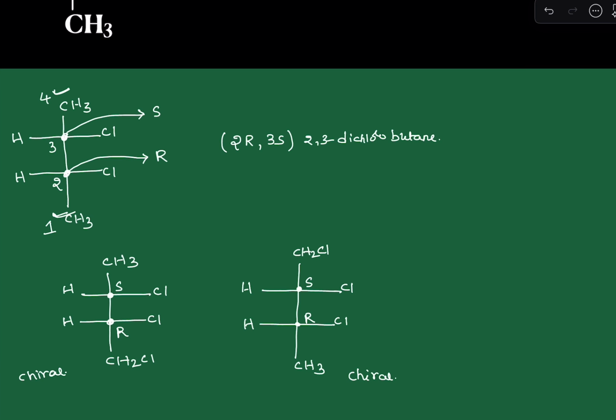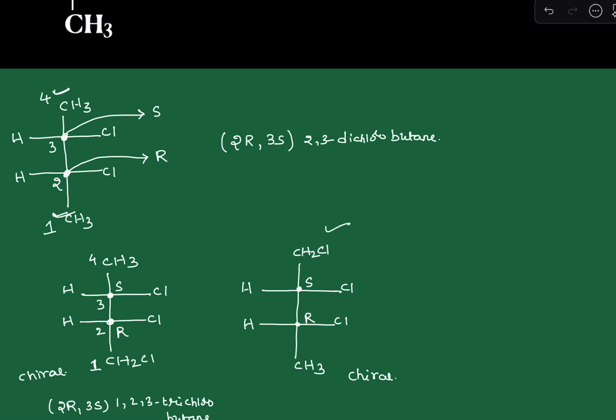So here the numbering of the compound, this is the first carbon, this is the second carbon, this is third carbon, this is fourth carbon, and this compound is 2R, 3S, 1,2,3-trichlorobutane.